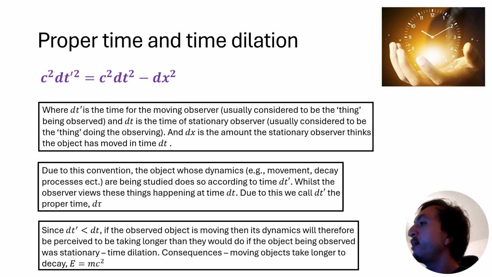So the idea of time dilation has far-reaching effects beyond the immediate consequences of things like particles taking a lot longer to decay from our perspective when they're moving very quickly relative to us.